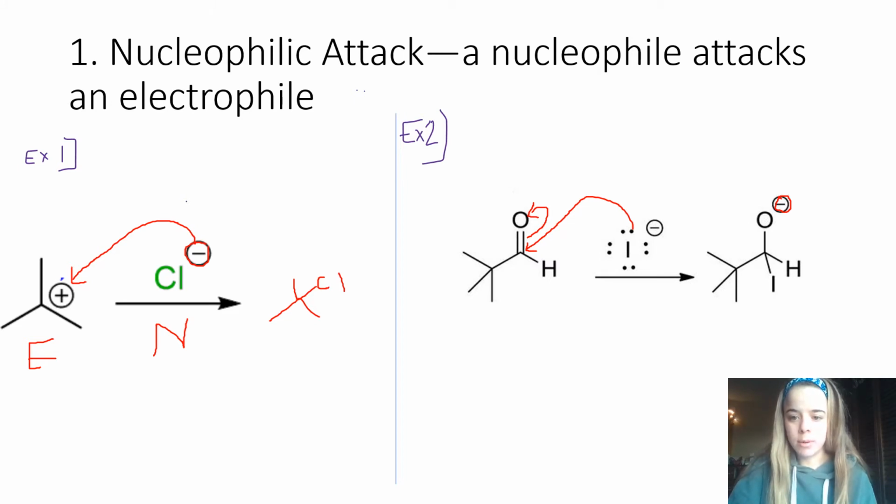And again, the carbon is happy because it has 4 bonds instead of 5. So these both show nucleophilic attack, and again, that's when a nucleophile attacks an electrophile, often to form new bonds that hopefully are more stable and promote resonance.